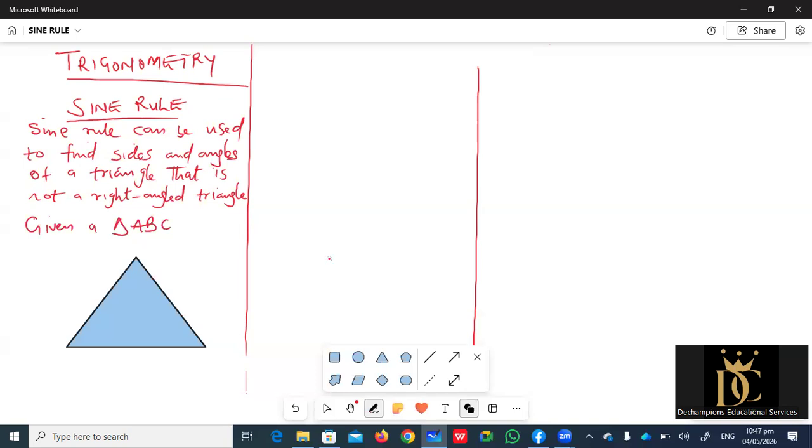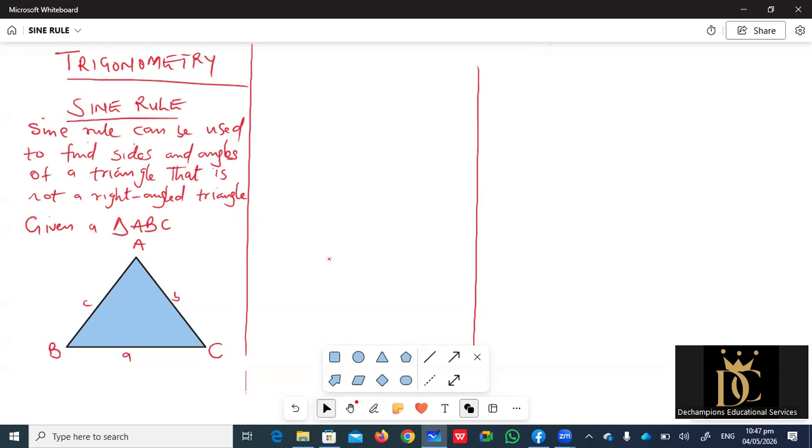Here, let's call this angle A. So the side facing that angle A will be side a. Let's call this angle B. So the side facing this angle will be side b. And let's call this angle C. Opposite the angle C will be small c. So we are given this triangle.